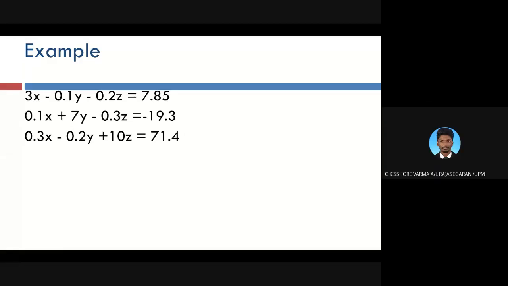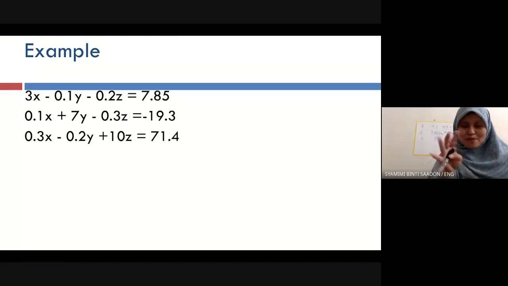For x1 I got 9.0169. I think there's some error for x1. I just get 3. Maybe you made some error in the calculation, but your x3 and x2 are correct.